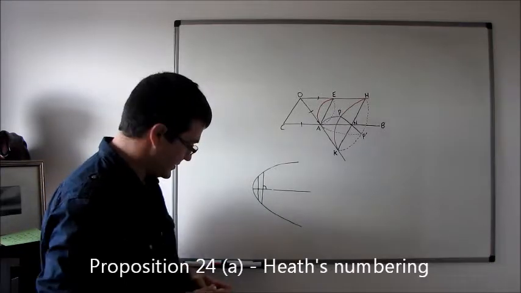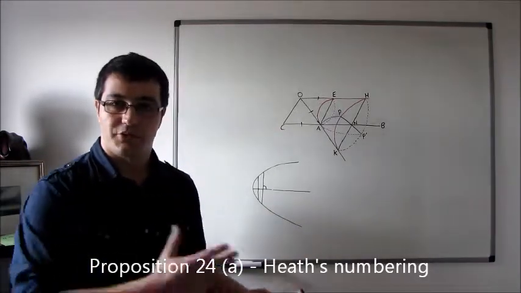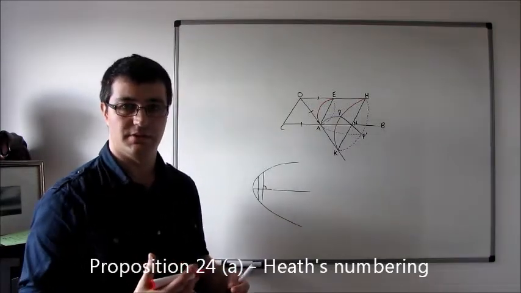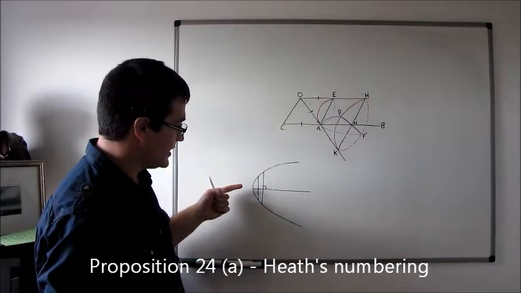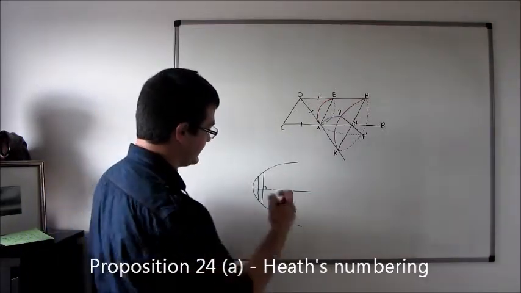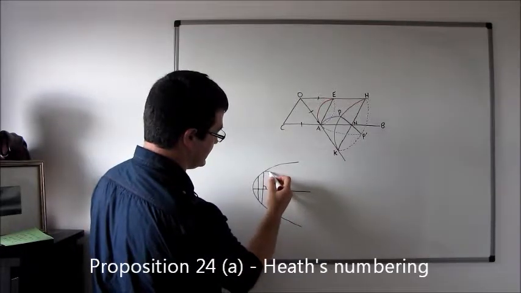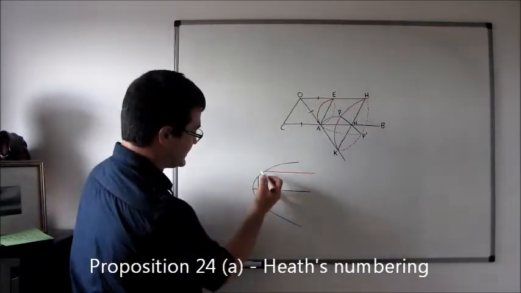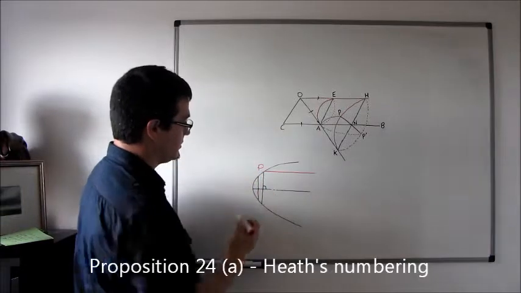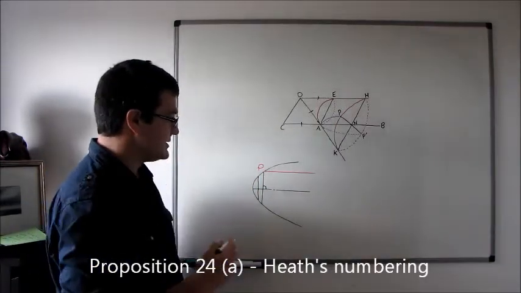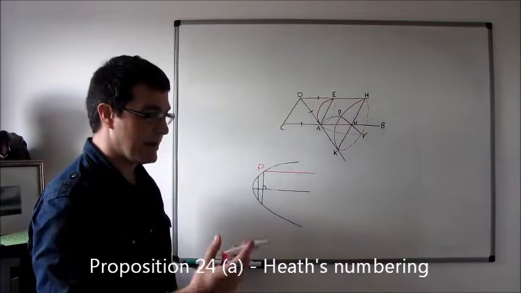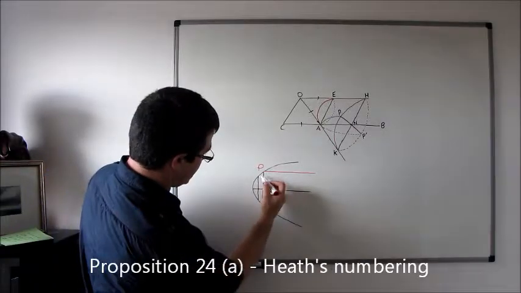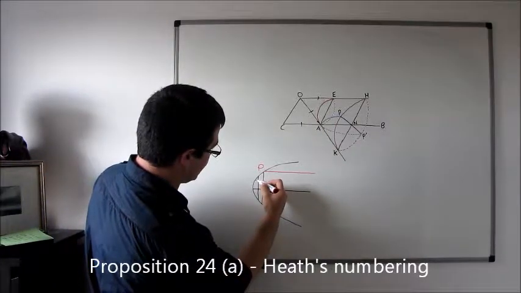But more generally, and as we know from proposition 20, in a parabola, any diameter of a parabola is parallel to the axis. So let's say we've got this diameter in here, and let's say it goes to the point P on the parabola, and the chords that it bisects will be a series of chords parallel to the tangent line at the point P. I'll try and do this as best I can.